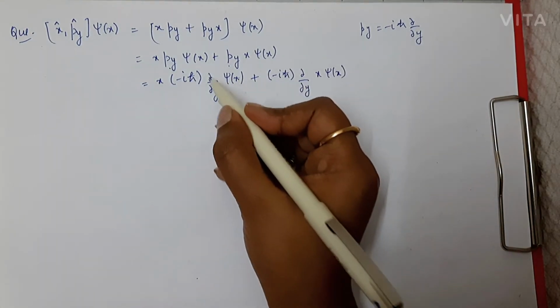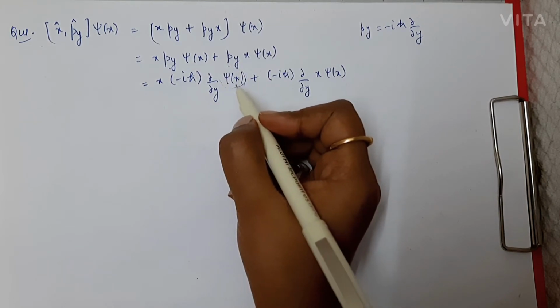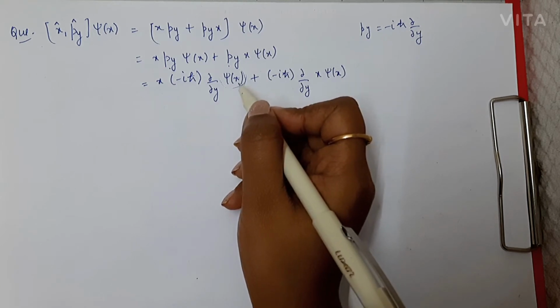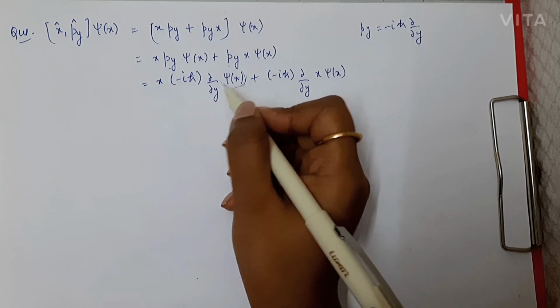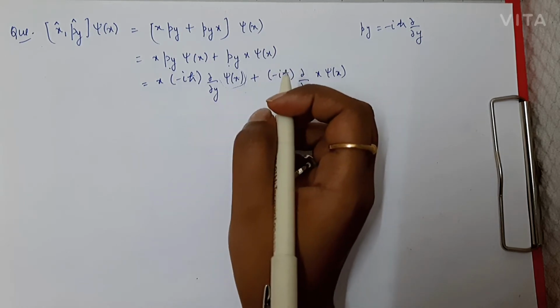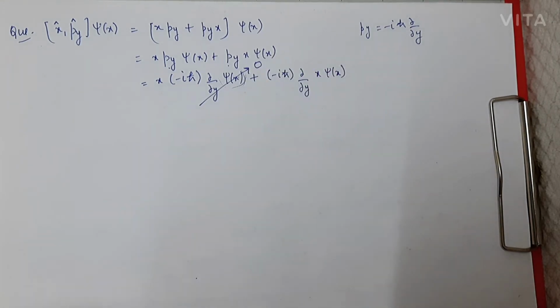Now we want here the differentiation of function psi x, but we want the differentiation with respect to y. So the function is having variable x and we want to find out differentiation with respect to y. So in this case the differentiation will be 0, right? The differentiation of this part is going to be 0.